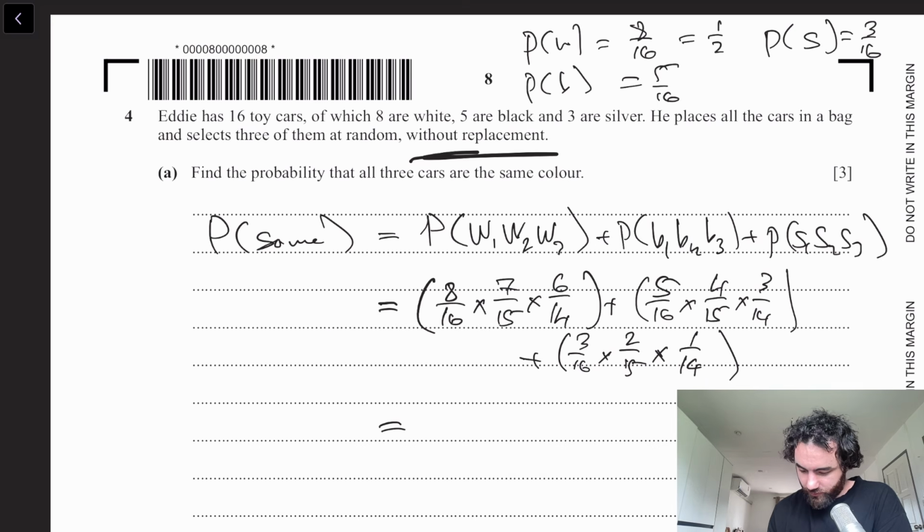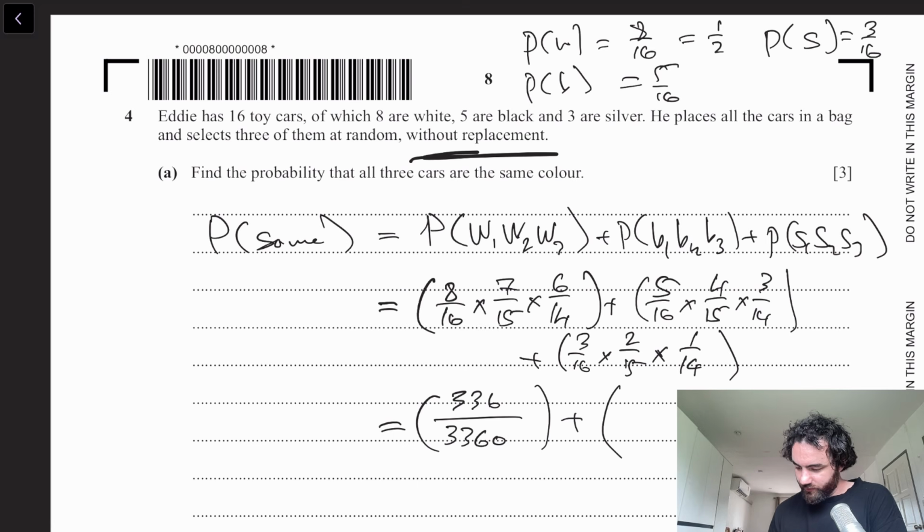Okay, so this is going to be, what's 16? 16 times 15 times 14. 3360. So 3360. 8 times 7 times 6. 336. That plus 5 times 4 times 3. 60 over 3360. Plus 3 times 2 times 1. 6 over 3360.